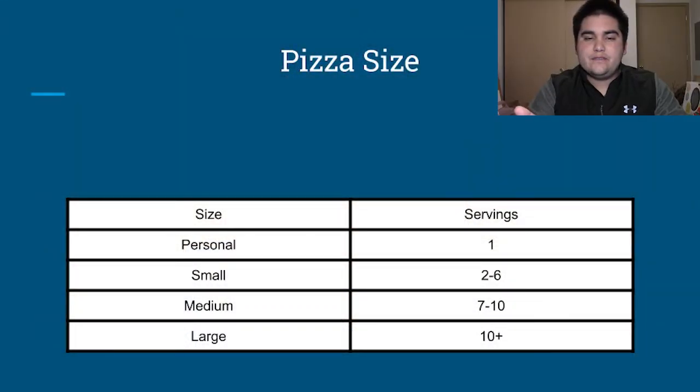As you can see here, I've broken down my pizza size, or my narrative campaign size, into 4 main sections: the personal, the small, the medium, and the large. If it's a personal narrative campaign or a personal pizza, it's usually going to be serving just one person, you.